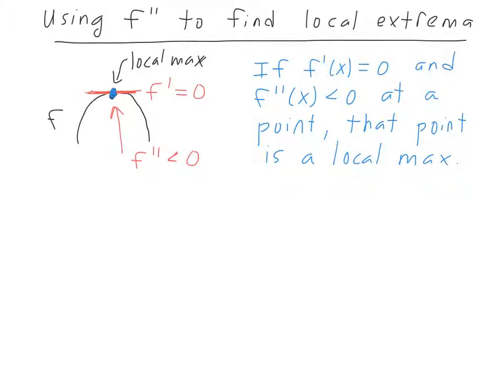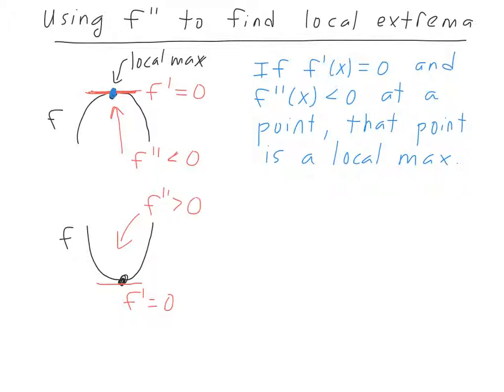Likewise, if we have something that is concave up, and this is another sketch of a possible graph f, at that point we know the first derivative is 0, and that point is in a region that's concave up, so the second derivative is positive.